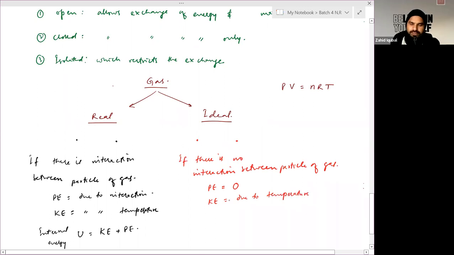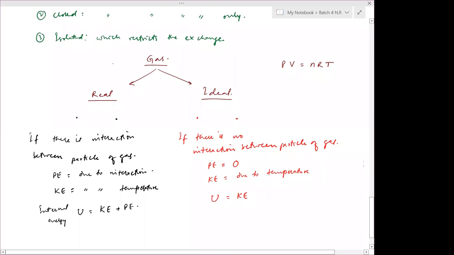So on adding these two terms, internal energy U will be equal to only the kinetic energy due to temperature. So the gas which has internal energy in the form of kinetic energy as well as potential energy is termed real gas, and the gas which has internal energy only due to kinetic energy will be termed ideal gas. Is it clear?